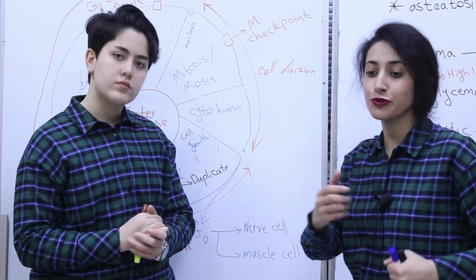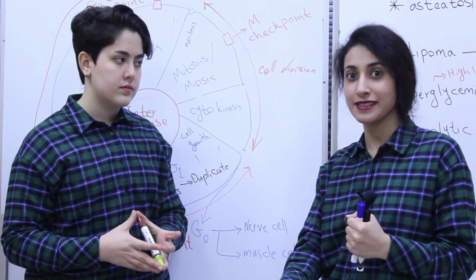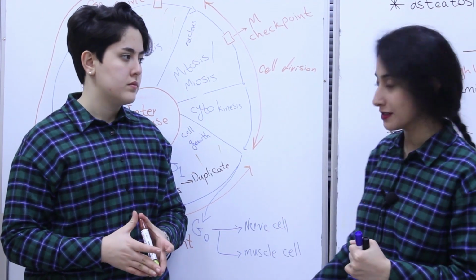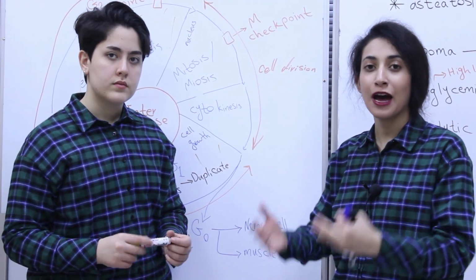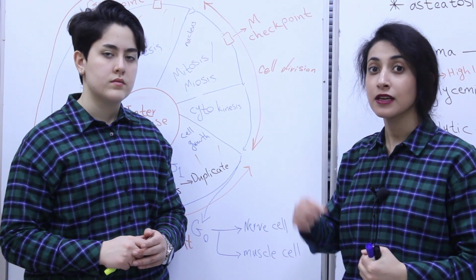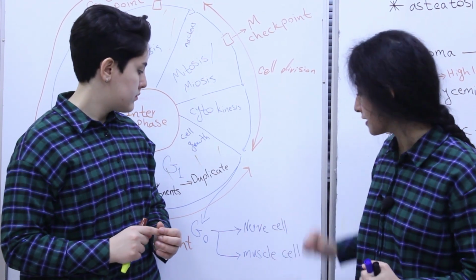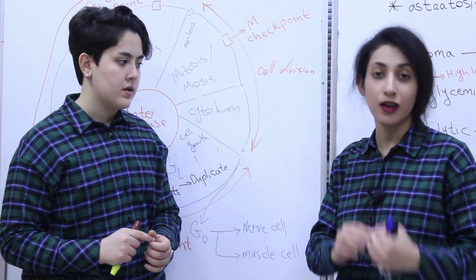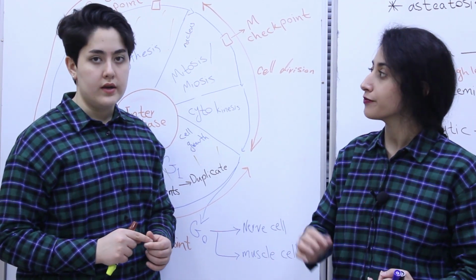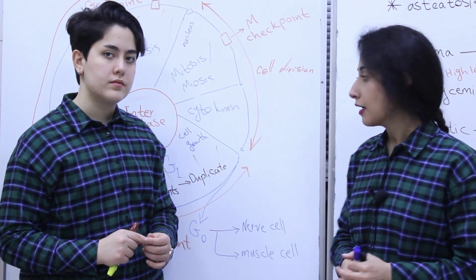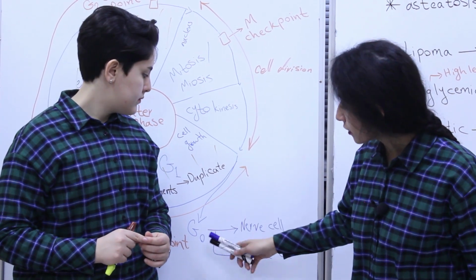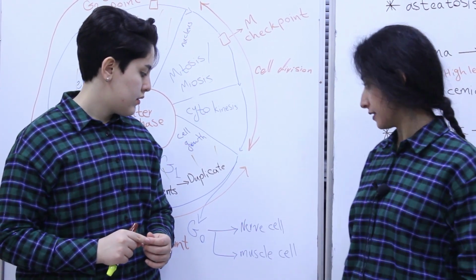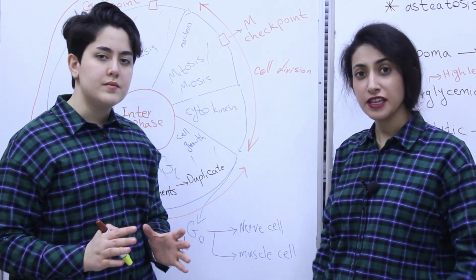They want to start the S phase, but they cannot, because in our body we have two special cell types, nerve cells and muscle cells, that do not divide anymore, and they enter the G0 phase.